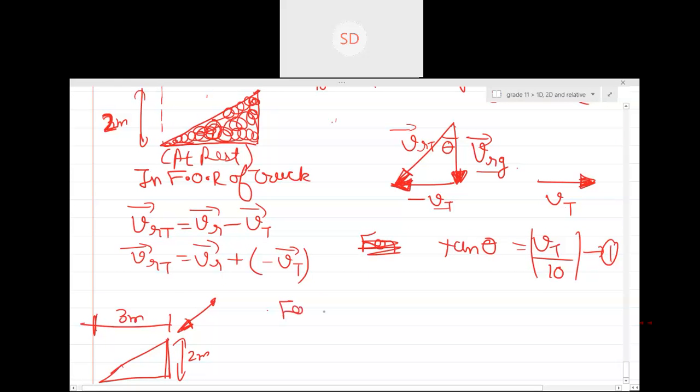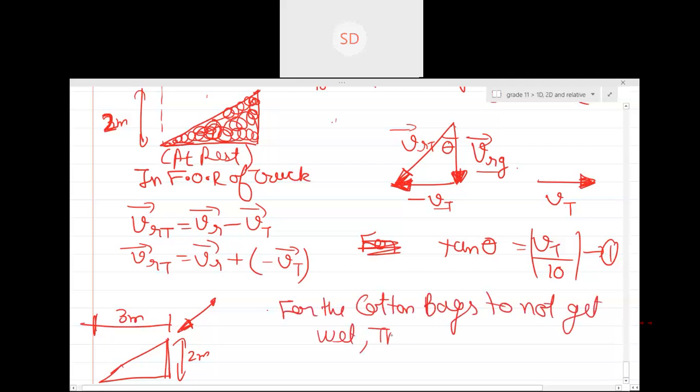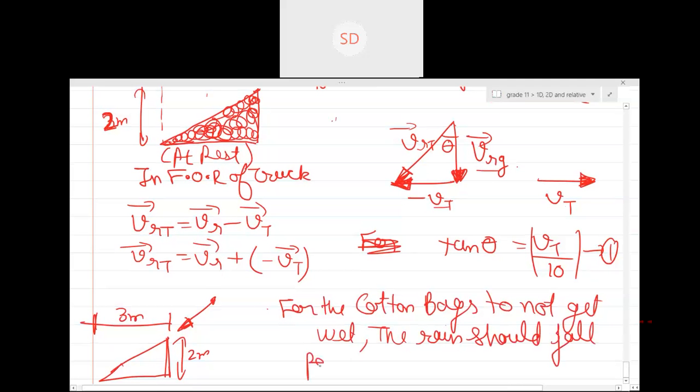For the cotton bags to not get wet, the rain should fall parallel to the surface, yes or no?